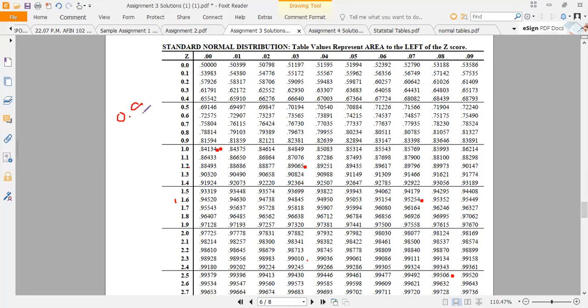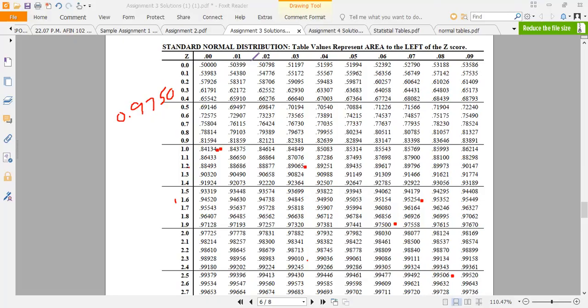What is the Z for this probability? It's on 1.9. 1.9 what? 6. Good. 1.96. So it is here. It's exactly 1.96. All right.